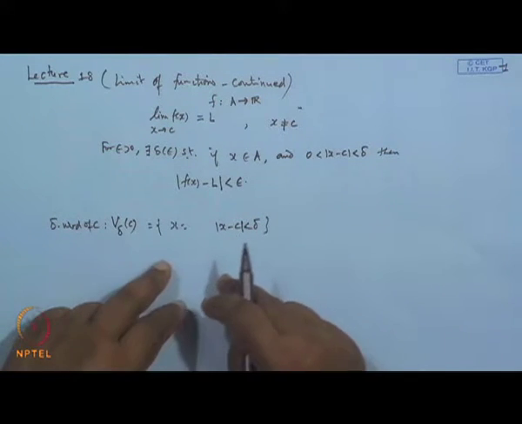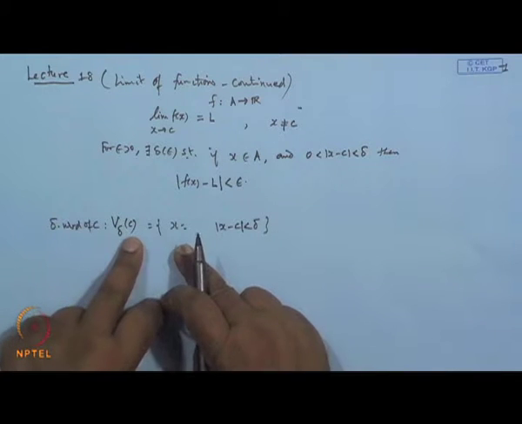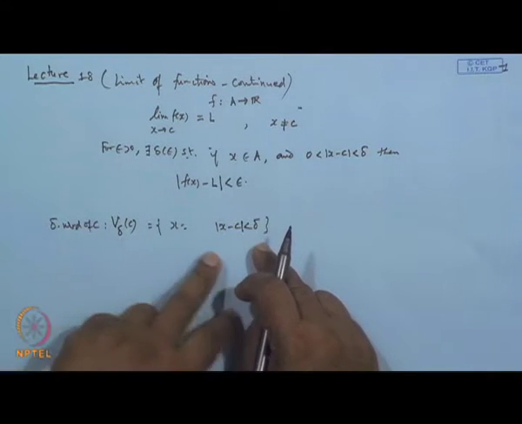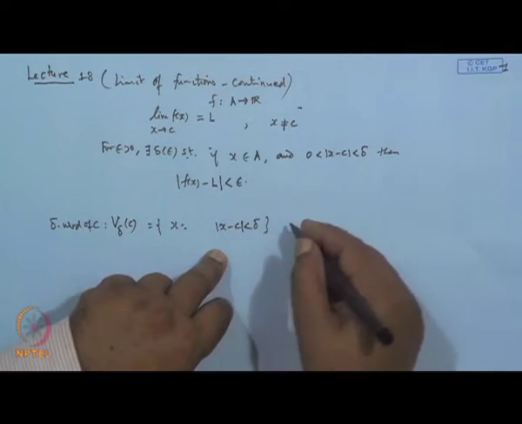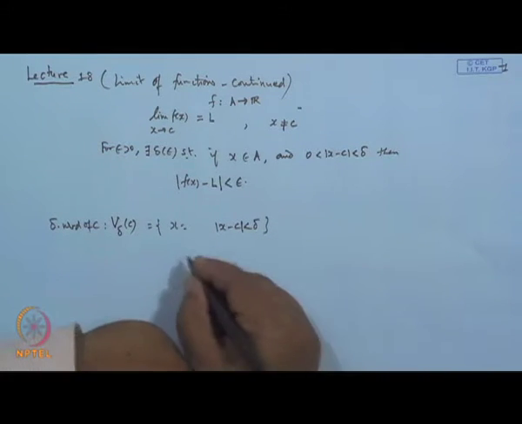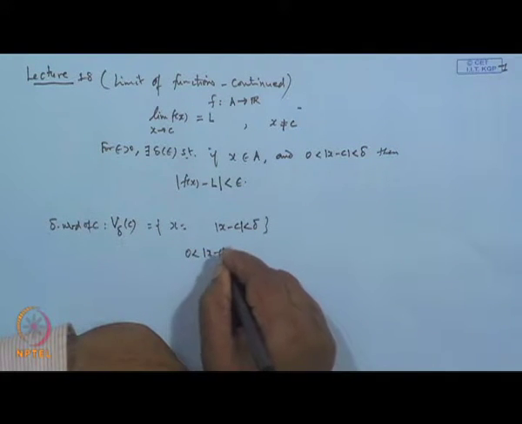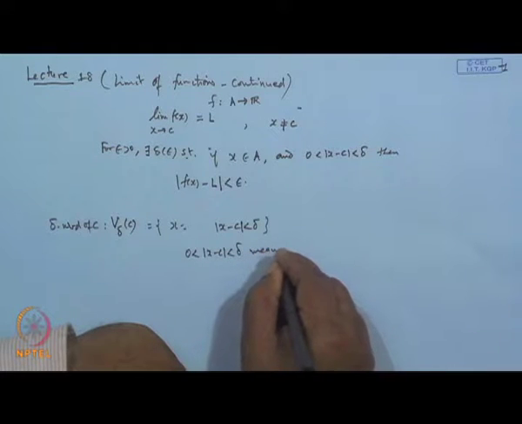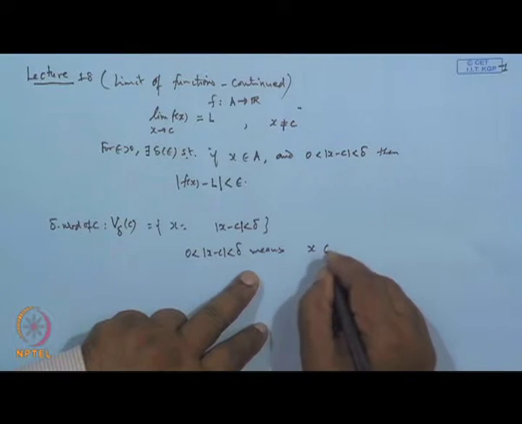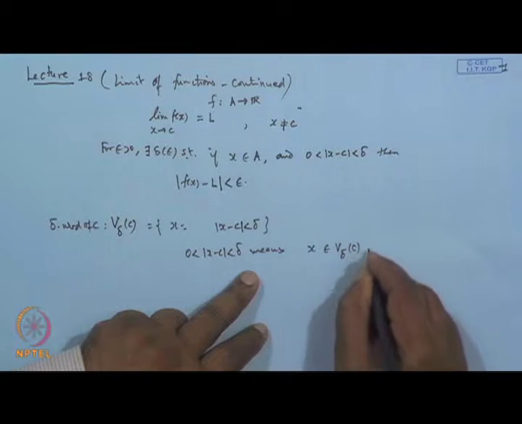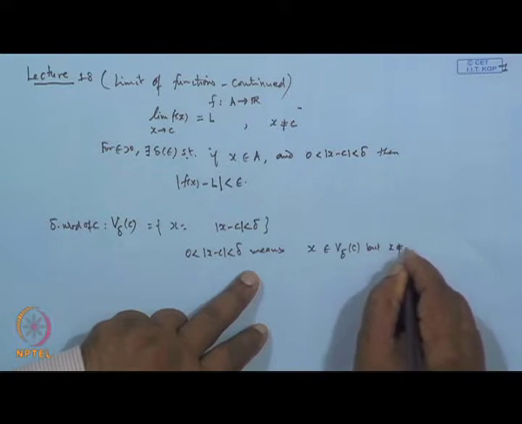Now, if I remove the c, then we say the point x is not equal to c. So, 0 is less than |x - c| less than delta means x belongs to V_delta(c), but x is not equal to c.